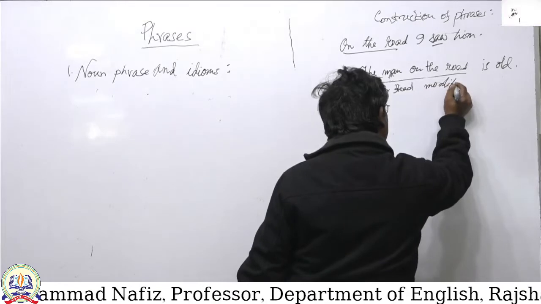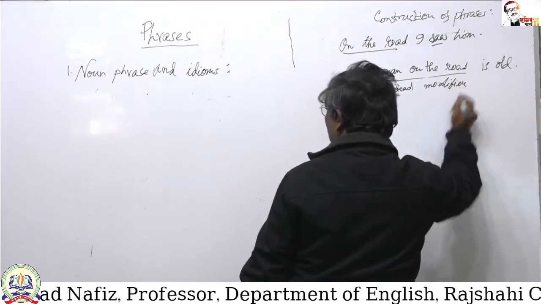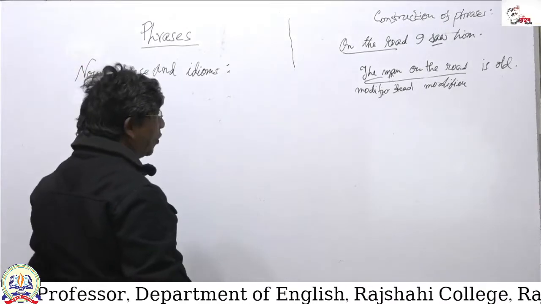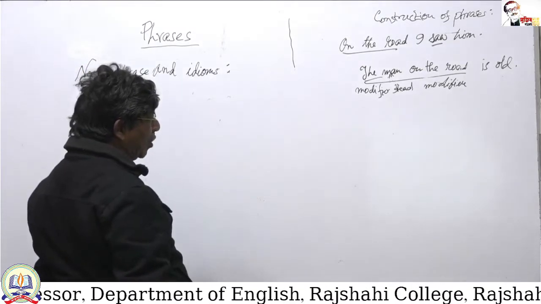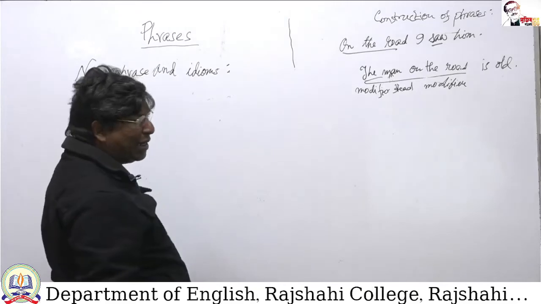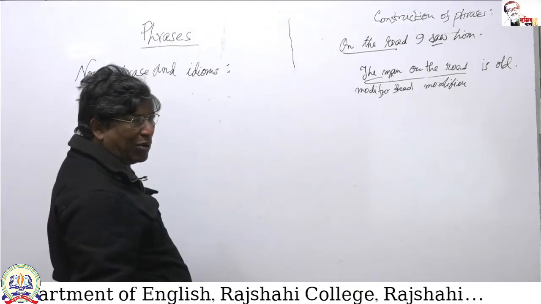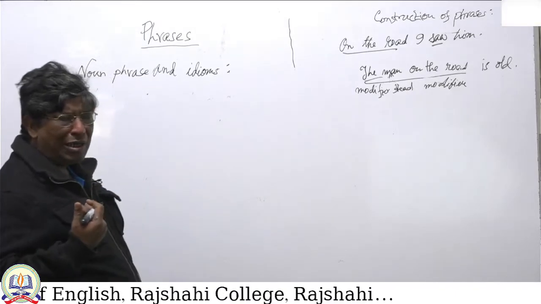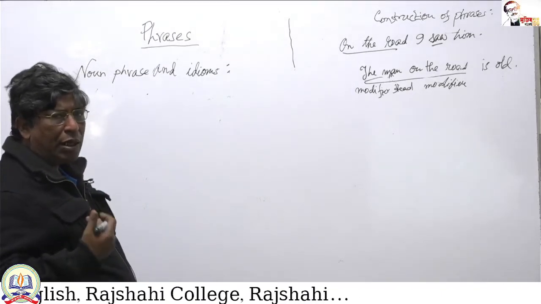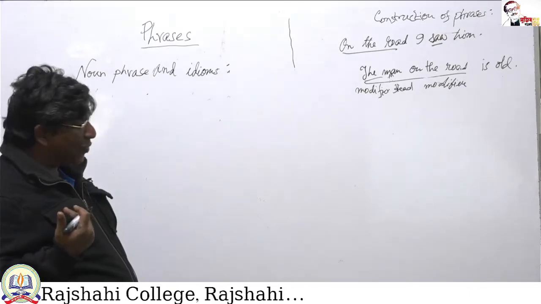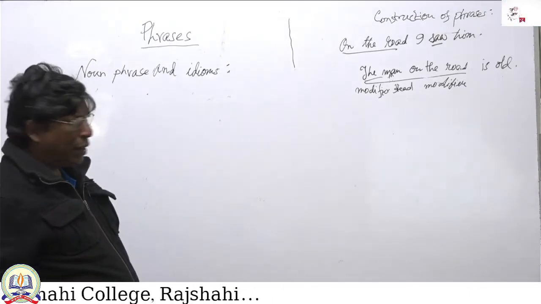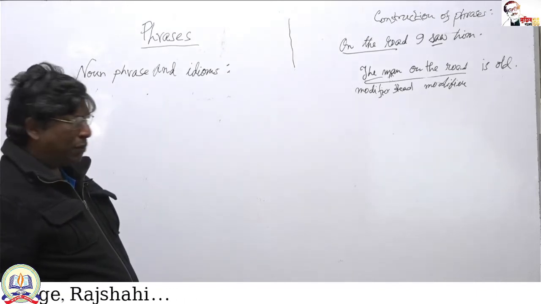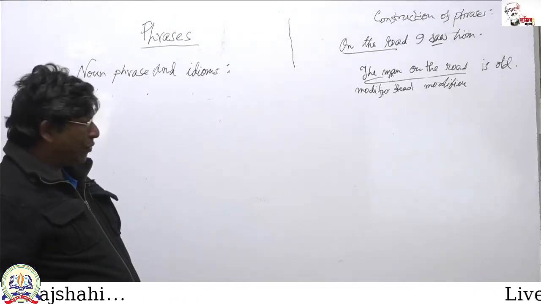So, in a noun phrase, we have modifiers following or followed by a head word noun. The main noun in a noun phrase is called a head word, and head word is modified by a number of words or phrases.